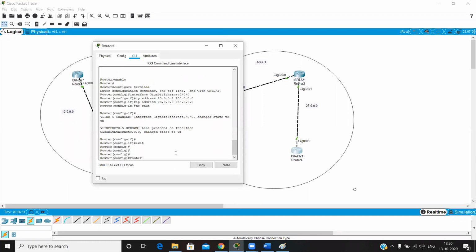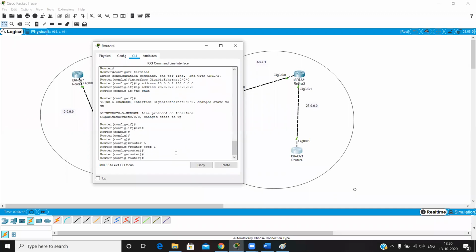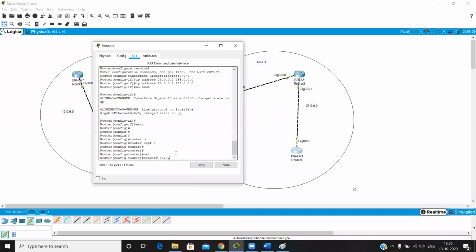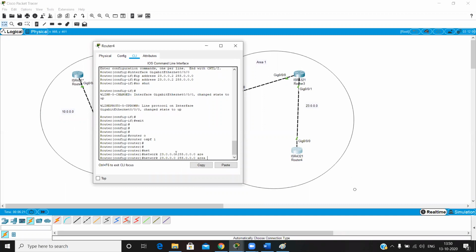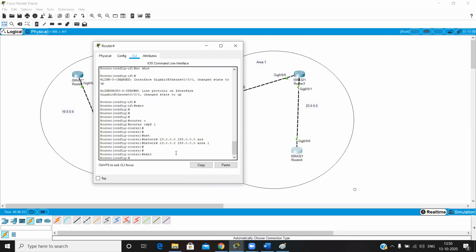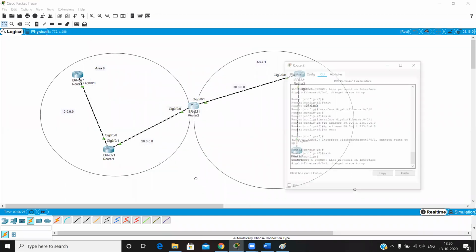Router ospf 1, network is 23.0.0.0, subnet is this, and area is 1. Now we go to router 2, the ABR, and configure OSPF.